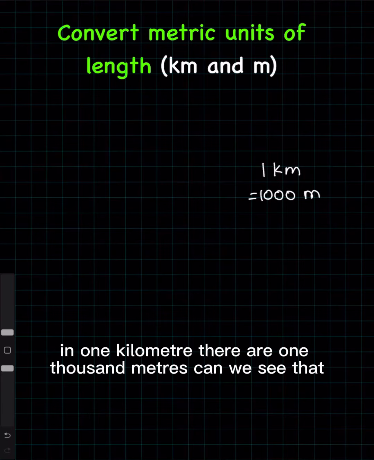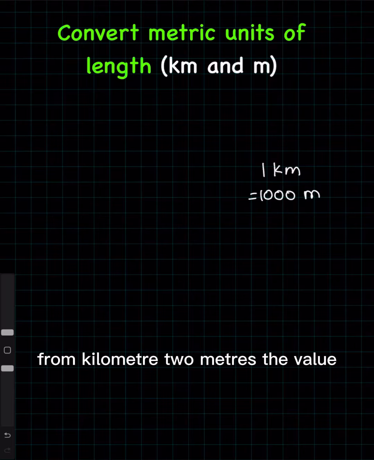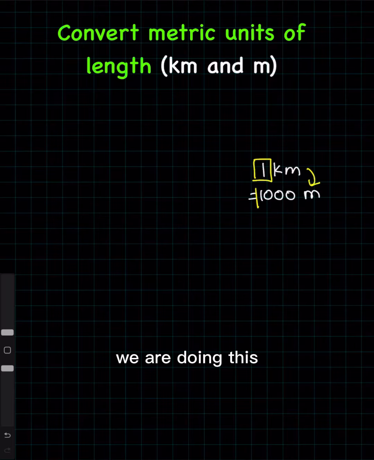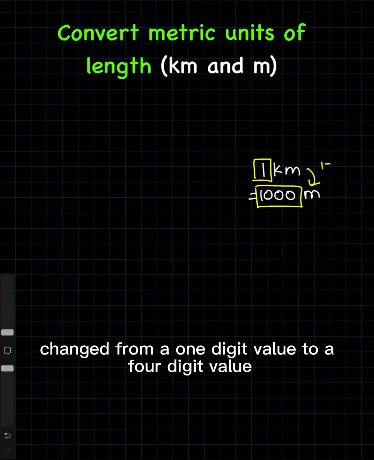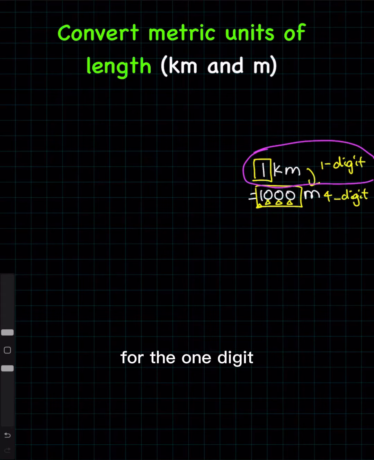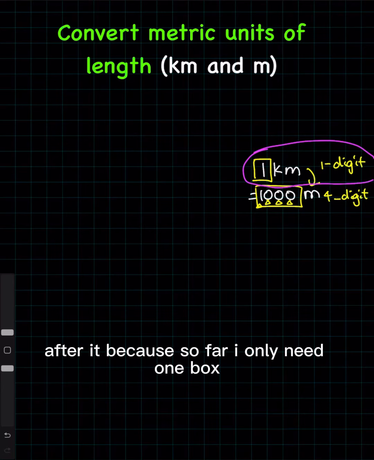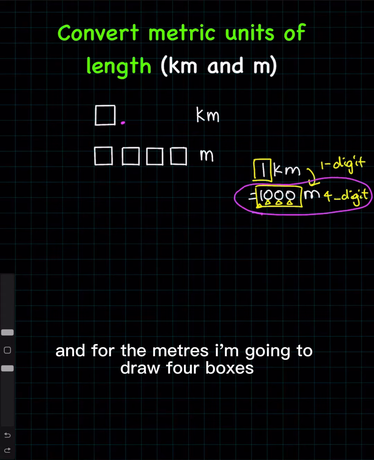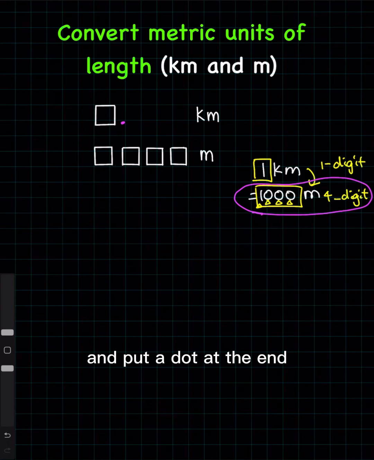Can we see that from kilometers to meters, the value we are dealing with changed from a 1-digit value to a 4-digit value. For the 1 digit, I will draw one box and put a dot after it because so far I only need one box. And for the meters, I'm going to draw 4 boxes and put a dot at the end.